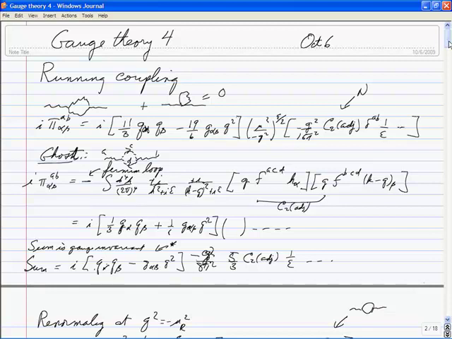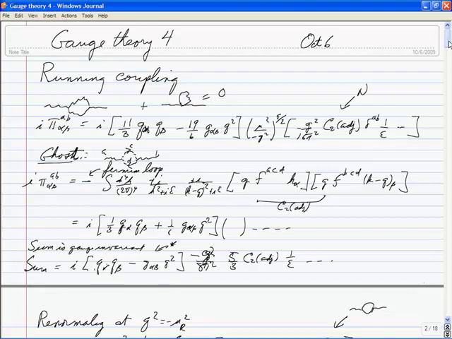What happens at low momentum in this diagram, you'll get logs of q squared over mu squared. So let's just do dimensional counting first. This is k to the fourth over k to the fourth times k squared. It equals something that goes like this, and certainly the sum goes like that by gauge invariance.